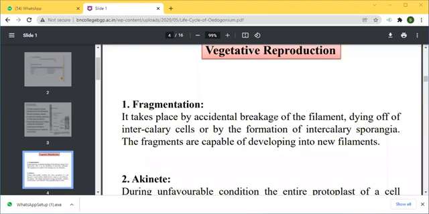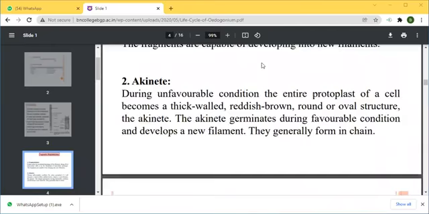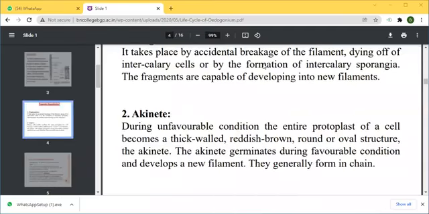Next one, reproduction. There are 3 types of reproduction, you know. One is vegetative reproduction, then asexual and sexual reproduction. But first I'll explain what vegetative reproduction is. There are 2 types of vegetative reproduction.